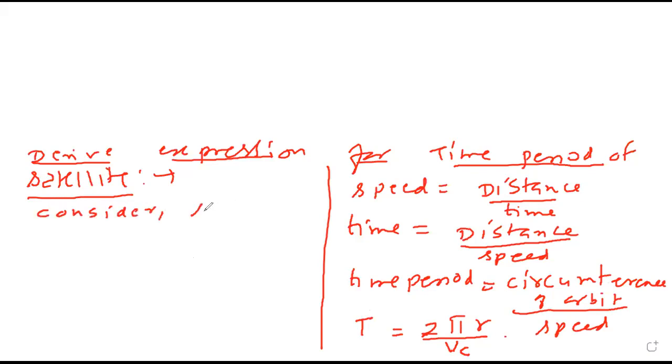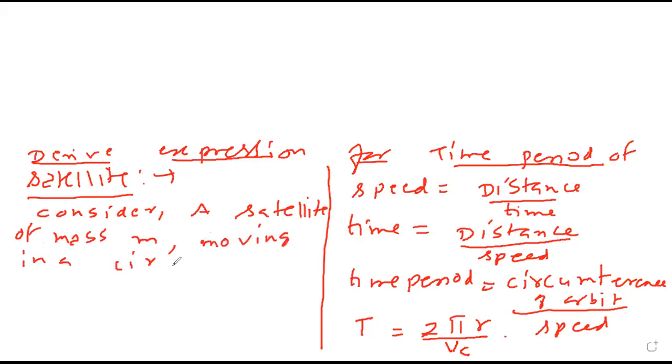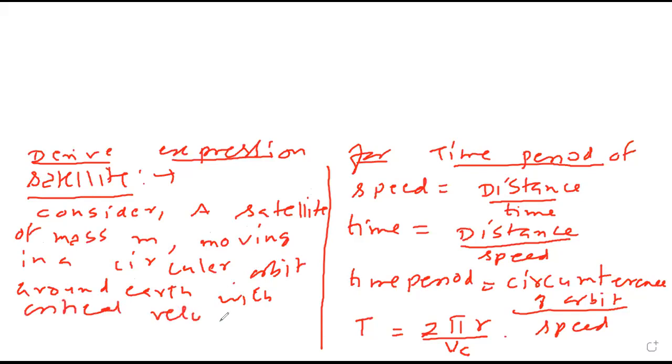Consider a satellite of mass m moving in a circular orbit around Earth with critical velocity Vc.